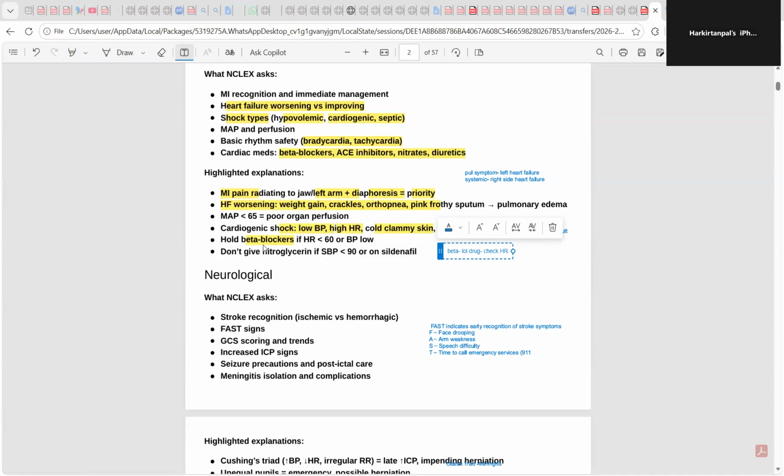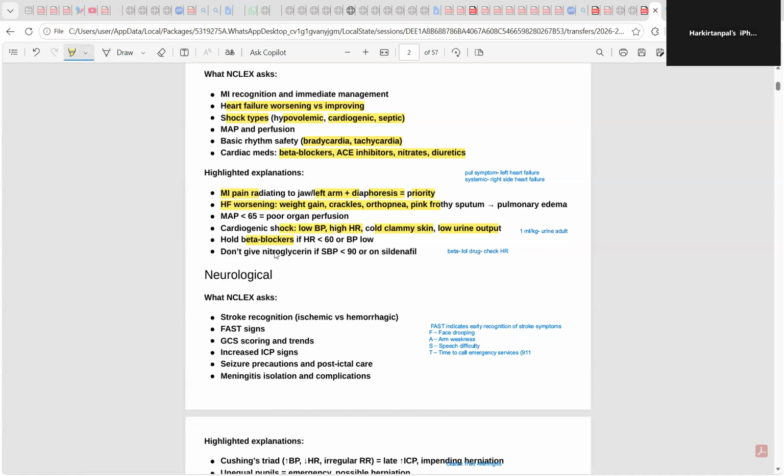But those who are getting nitroglycerin, nitroglycerin is a vasodilator. So a vasodilator can cause what? Hypotension. So before administering nitroglycerin, we need to check the blood pressure. If the systolic blood pressure is less than 90, we should not administer nitroglycerin.